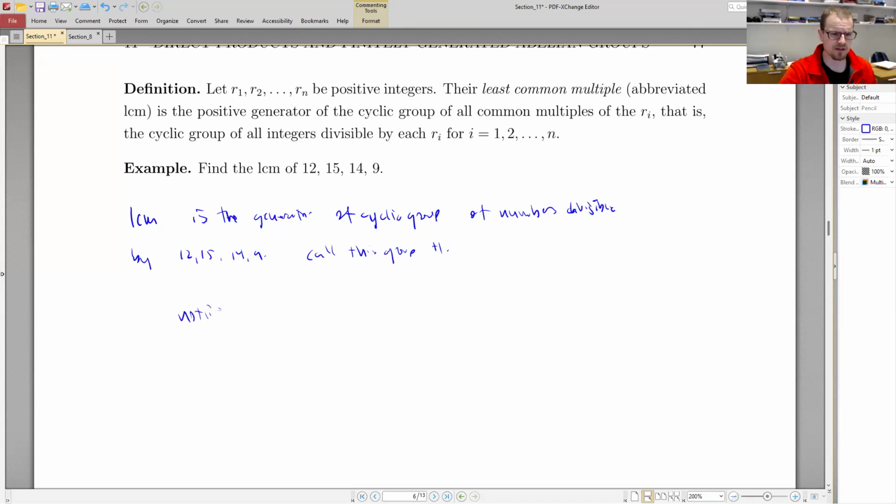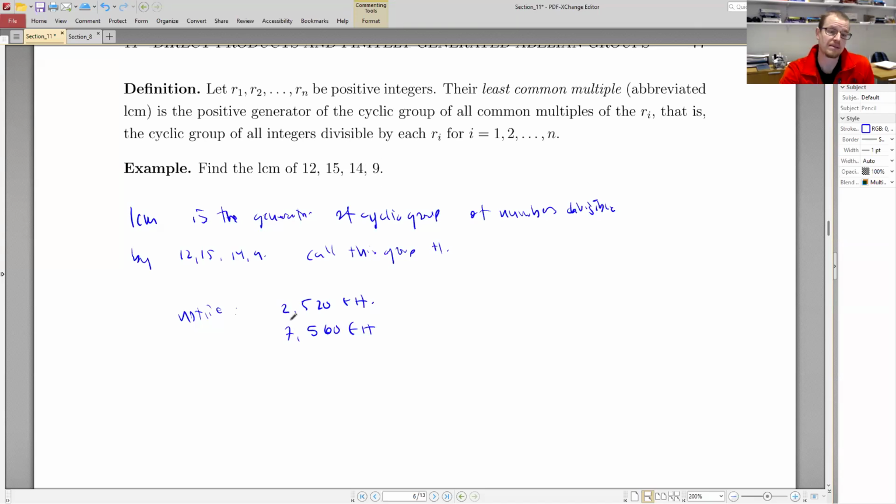So notice things like 2,520 belong in H. We also have that 7,560 belongs in H. Both of these numbers are divisible by 12, 15, 14, and 9.